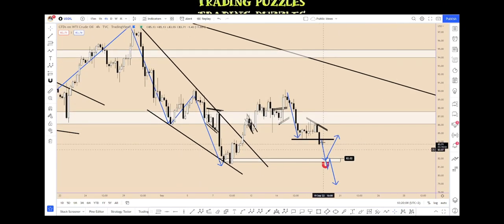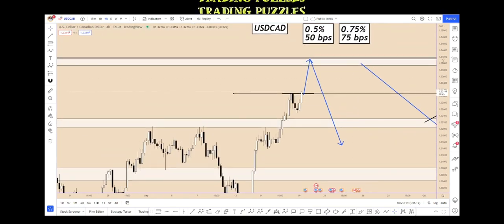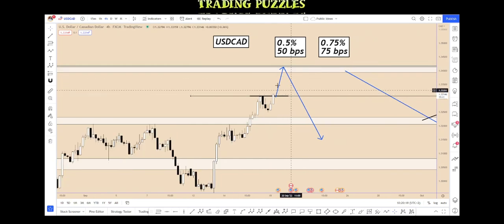Look at how the price is moving down on USOIL, and it means that the movement on the US and Canadian dollar moving up is also related to FOMC and to USOIL as well.